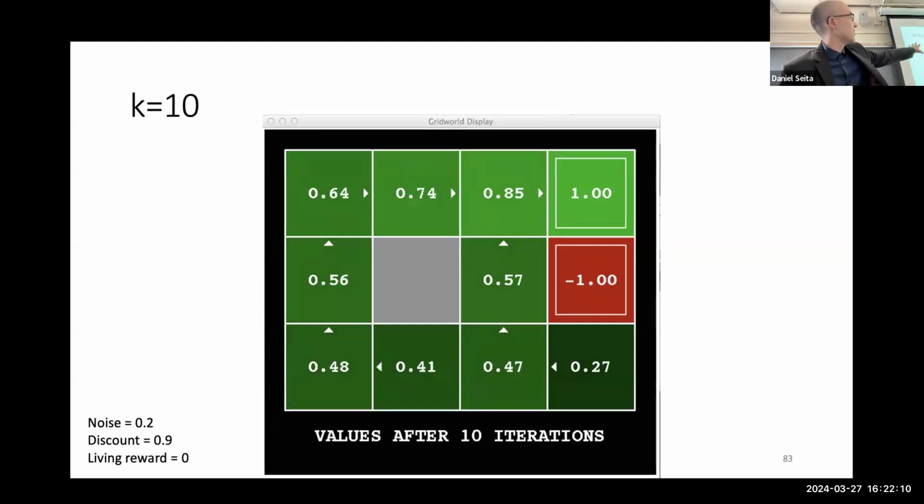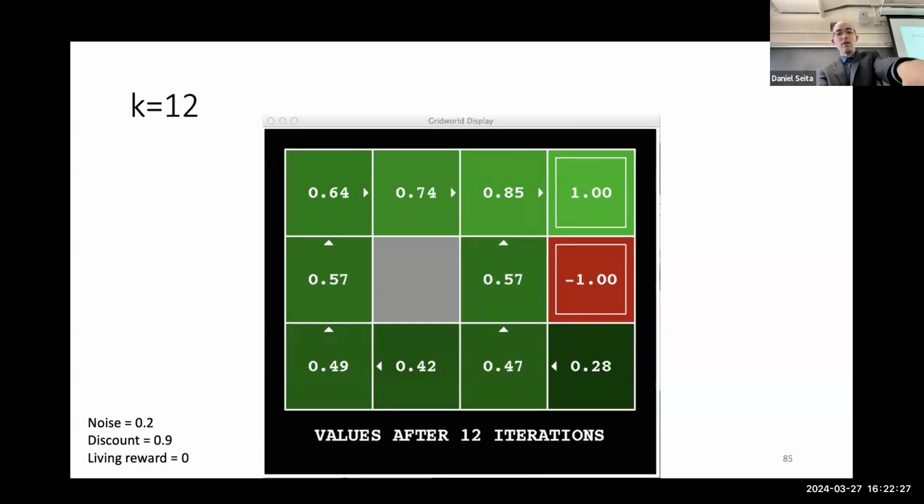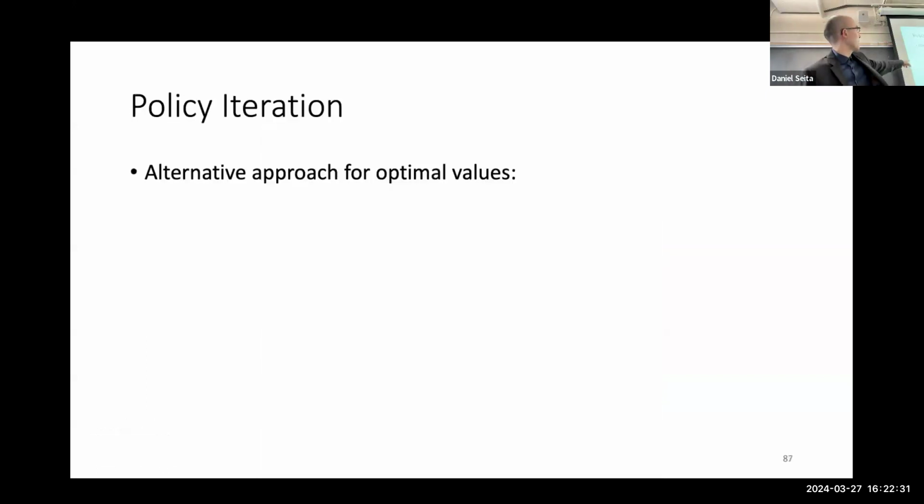Now you'll see that the numbers at some point are converging. So there's the 0.85 there. But if you look at the arrows, the optimal policy, it's not changing too much. So k equals 12 and k equals 100. See what happened? Oh, oops.